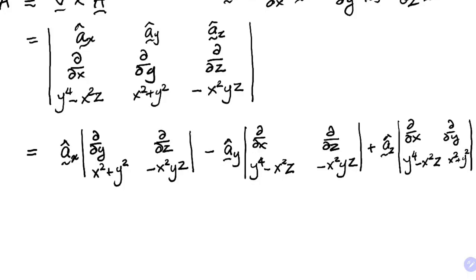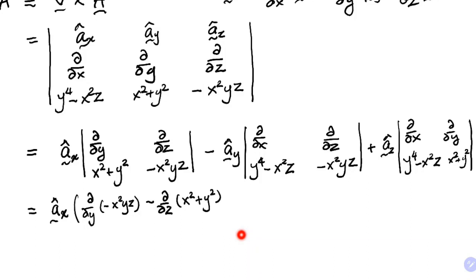Okay, then you can solve the 2 by 2 determinants. So this 2 by 2 will be equal to del over del y times minus x squared y z. So basically differentiate minus x squared y z with respect to y. And then minus del over del z of x squared plus y squared.